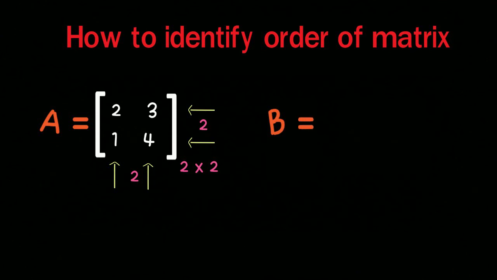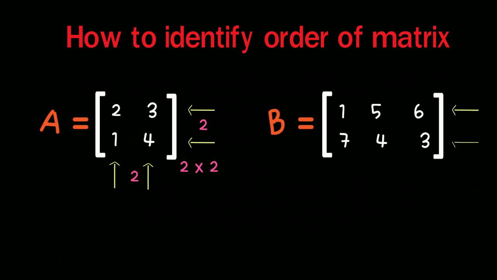Let's try another example. Matrix B. Let's say we have 1, 5, 6, 7, 4, 3. Again, first we calculate the number of rows. First row, second row. So we have 2 rows. And the number of columns, 1, 2, 3. So we have a 2 by 3 matrix. Let's try 2 more examples.